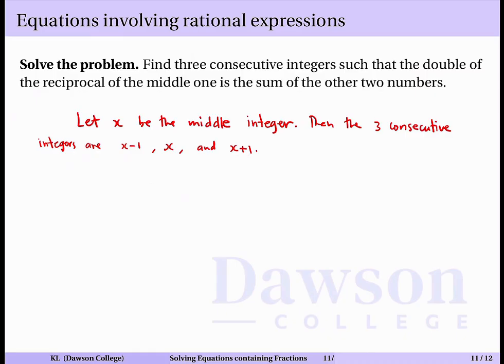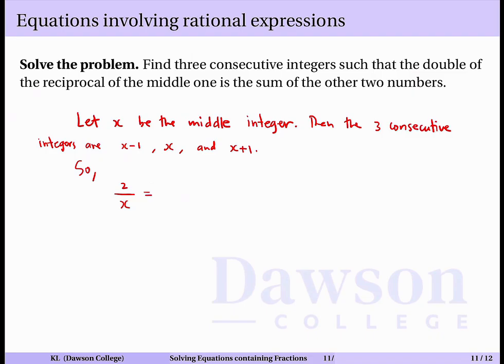Now, what is the situation? Double the reciprocal of the middle one. So 2 times the reciprocal of the middle one, which is 1 over x. So I'll just write it as 2 over x.